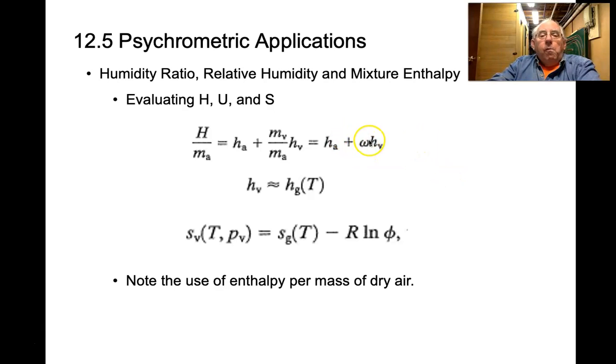Now, one of the assumptions that we'll typically make is that when we are trying to determine the enthalpy of the vapor, we recognize that it's close to the dome, and we're going to assume that anytime we're close to the dome, the enthalpy is just equal to the enthalpy of the saturated condition at that particular temperature.